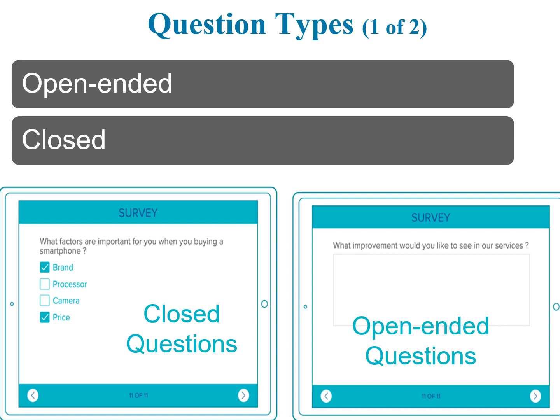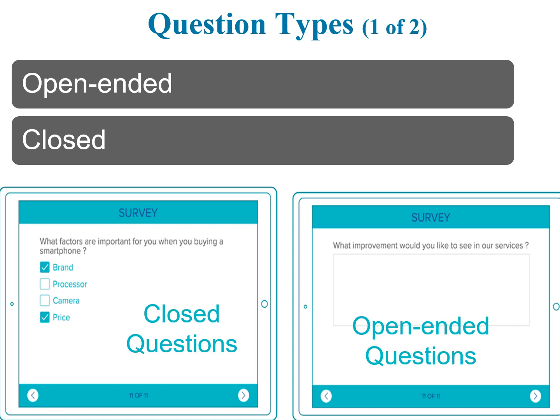Closed questions means you ask the question and you have closed options. These are the options from which they should choose one or more answers. It's like the MCQ questions in the exam, whereas for open-ended questions, you ask the question and you give them the space, or the chance, to write something on their own.